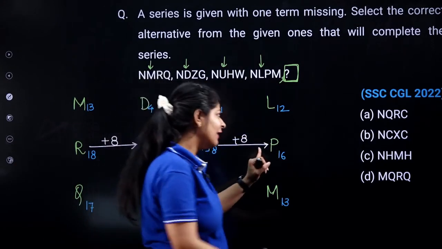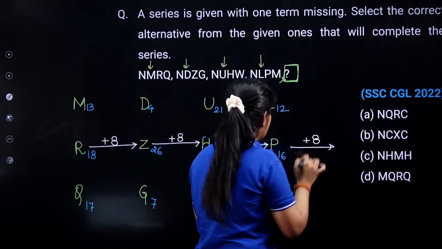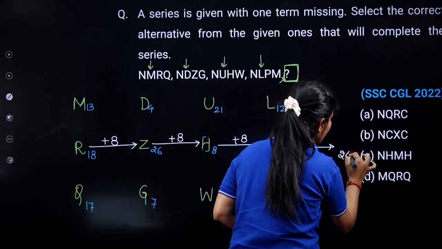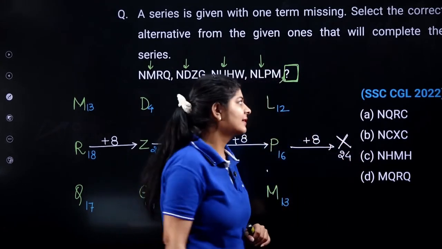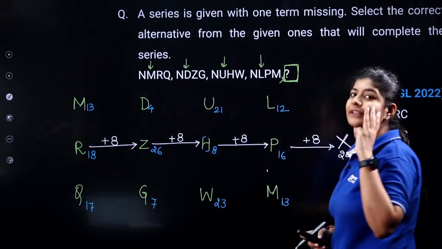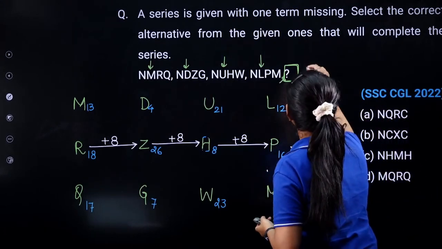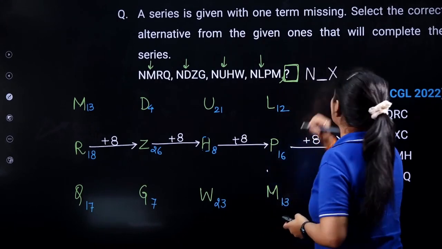And if I add again 8, 16 plus 8, what are we getting? We are getting 24, and 24 is associated with X. So we need our third letter as X. N, then filling the blanks, X, and filling the blanks.